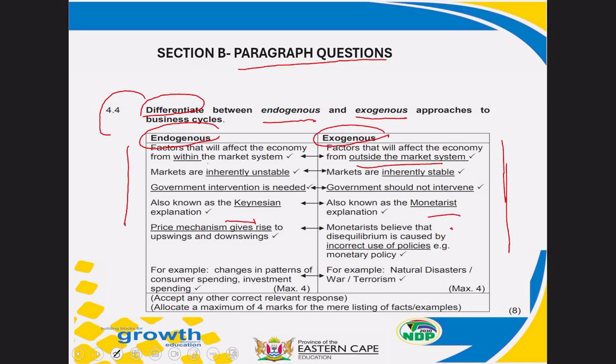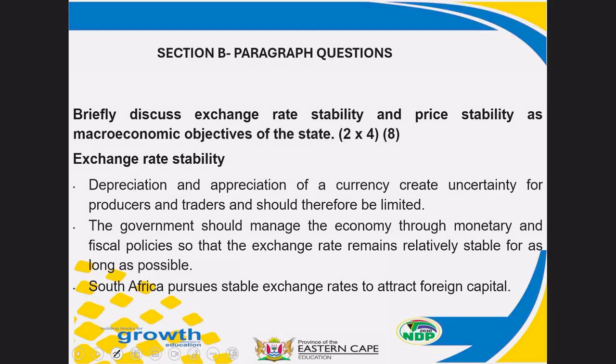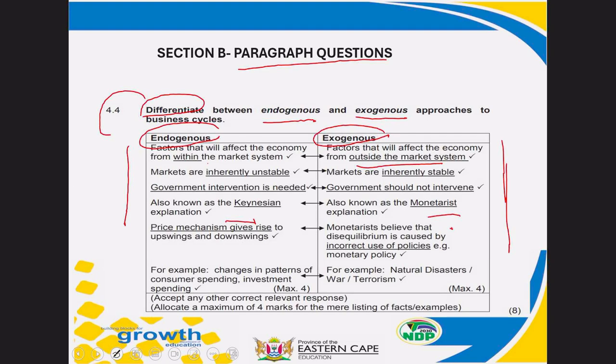So you keep on making sure that you are comparing the same things as you are moving. If you are giving examples, then the other side you should also give examples. Now, not all of them come in this format. Only when they use the word differentiate or distinguish, that's when we are supposed to do this.